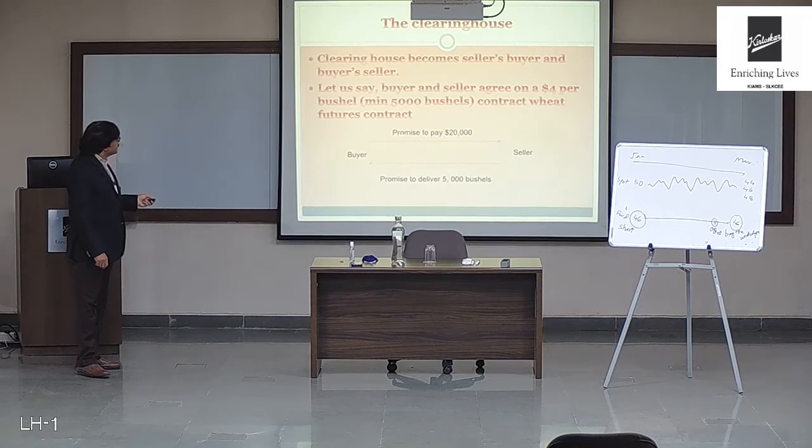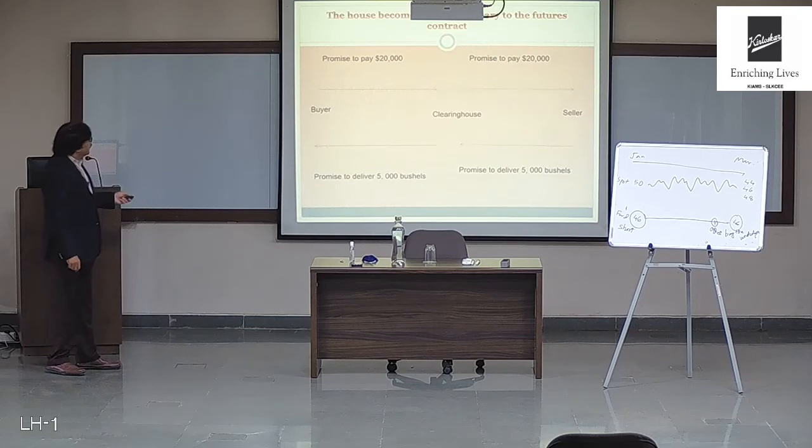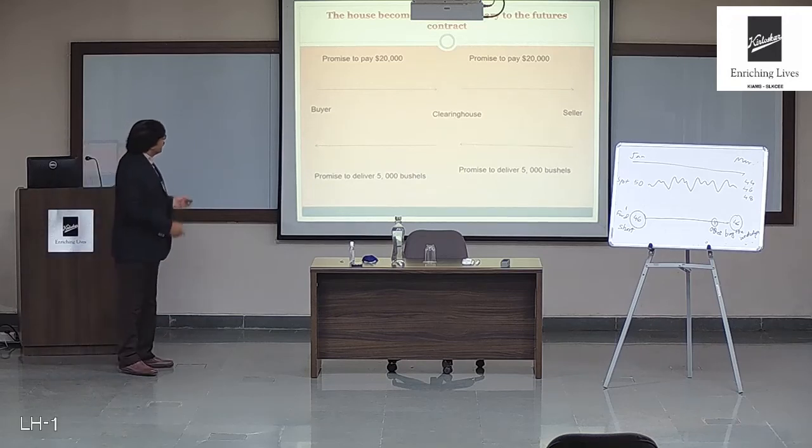So it's a promise, you can see that. Now if the clearinghouse comes in between, the same thing promised earlier by the buyer remains, but he promises to the clearinghouse, and the clearinghouse in turn promises it to the seller. Similarly, the seller promises to the clearinghouse, and the clearinghouse promises it to the buyer. So we get a third party, and in this case the buyer may not know the seller.